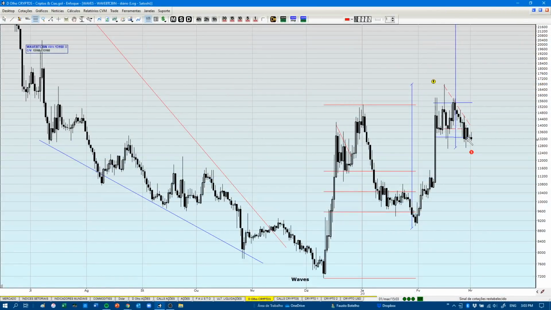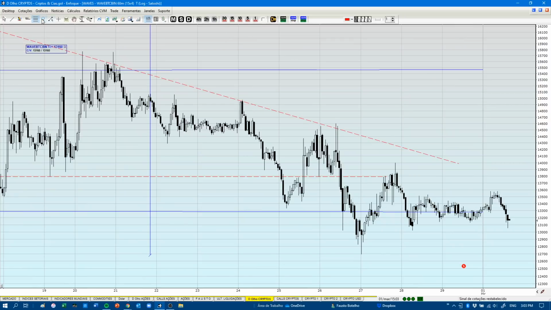See the candles here, I'm not breaking the support. If I think the support is the support of an ascending rectangle, that's a good time to buy, right? So maybe it's a good time to buy Waves right now. But let's see what the hourly chart is telling us.